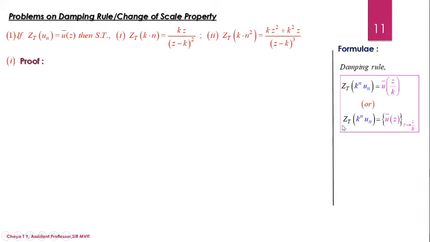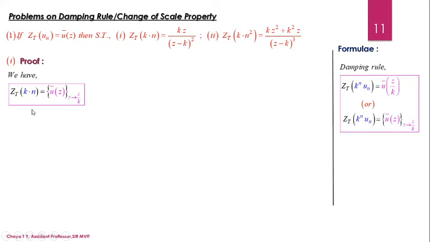Then use the damping rule formula, substitute and simplify. So I am going to consider the substitution for the sequence u_n as n and k to the power n as k^n in the damping rule. So we have the damping rule for the given problem as the Z transformation of the product of the terms k^n n is nothing but the u bar of z expression with z replaced by z divided by k.